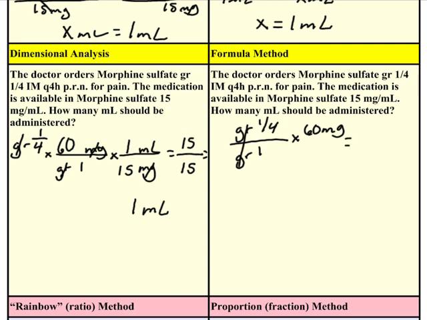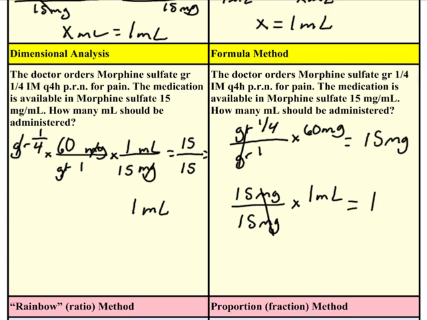When we do this, we find we have 15 milligrams for our order. We then will take the order of 15 milligrams, divide by the 15 milligrams on hand, and then multiply by the quantity it's delivered in, 1 milliliter. Milligrams cancel, and if we divide 15 divided by 15 times 1, we discover we need to administer 1 milliliter.